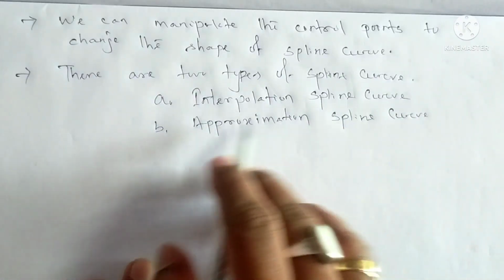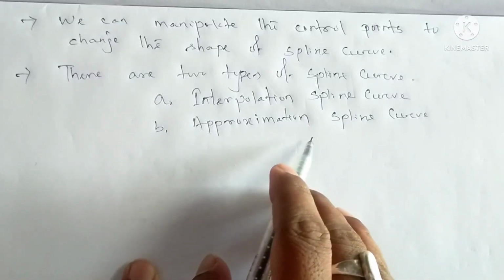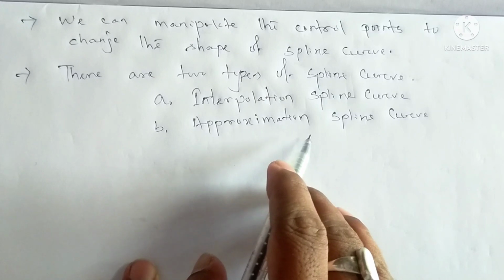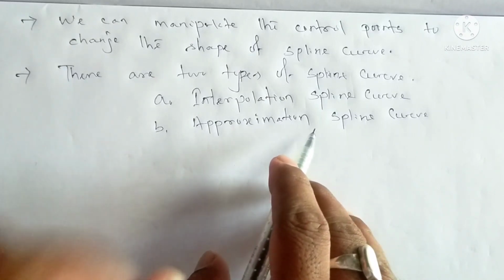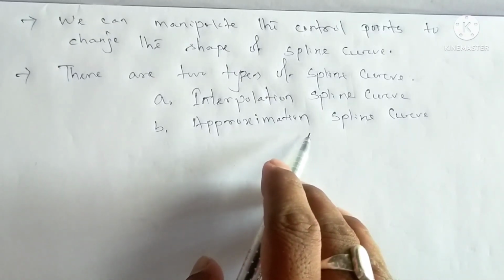So those two types of spline curve we can construct on the basis of the position of the control points.